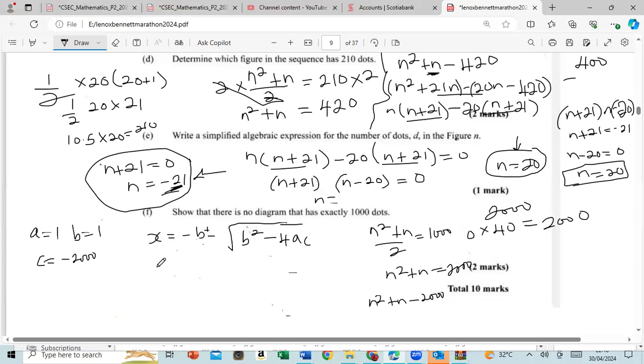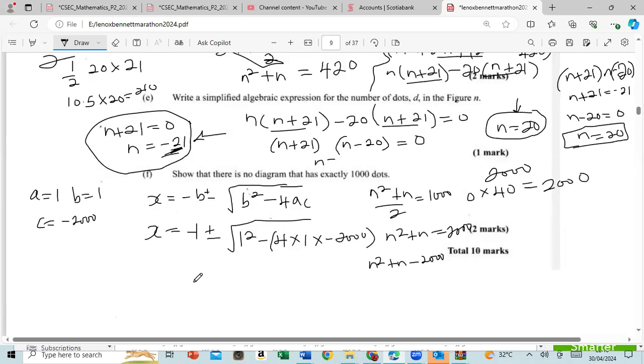We can put things in perspective. x equals minus b, so that will be minus 1, plus or minus the square root of b squared, which is 1 squared, minus 4 times a, which is 1, times c, which is negative 2000. So we can work down this. We want negative 1 plus or minus 1 squared, that will be 1.